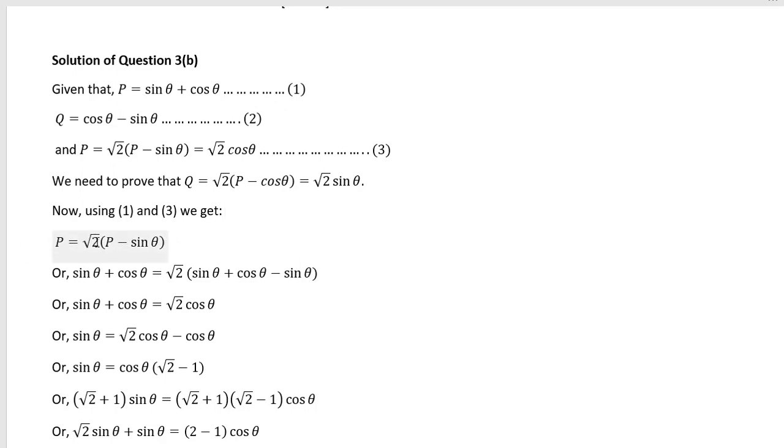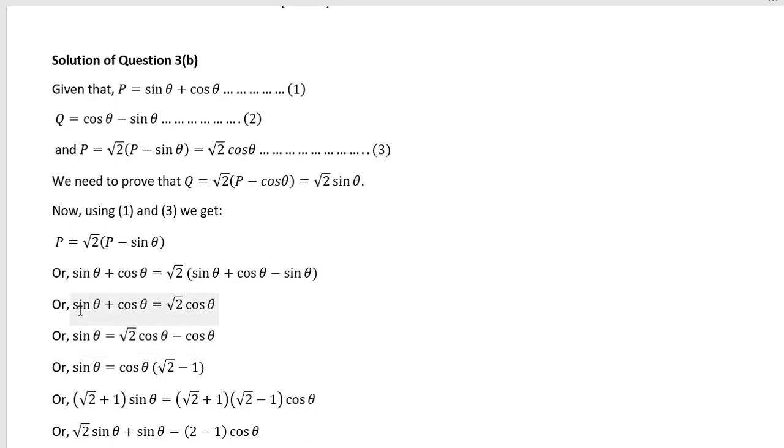P is equal to root 2 into P minus sin theta, or P means sin theta plus cos theta, and root 2 into sin theta plus cos theta minus sin theta, because putting the value of P we will get this, and then we get sin theta plus cos theta equal to root 2 cos theta. Now we have to find out the value of root 2 sin theta, and we have to prove that root 2 sin theta is equal to Q, that is cos theta minus sin theta.